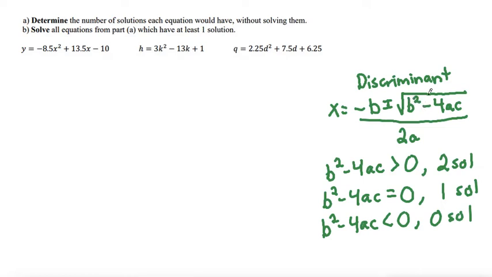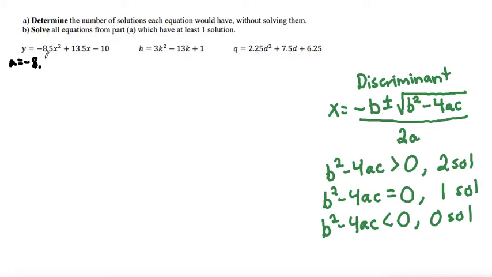I'm not sure if you've gotten there in your class yet, but that's the rule: we need to find what the discriminants are, and once we find them, we can compare them to these rules and figure out how many solutions they have. So for the first problem, a is the coefficient of the x squared, so a is negative 8.5.